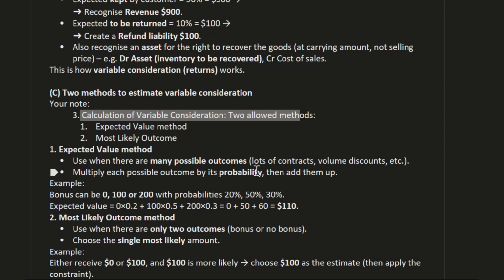Multiply each possible outcome by its probability, then add them up. This is simple. For example, a bonus can be 0, 100 or 200 with probabilities 20%, 50% and 30%. So 0 multiplied by 20%, plus 100 multiplied by 50%, plus 200 multiplied by 30%. The total will be 110.